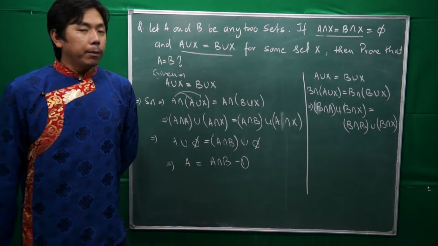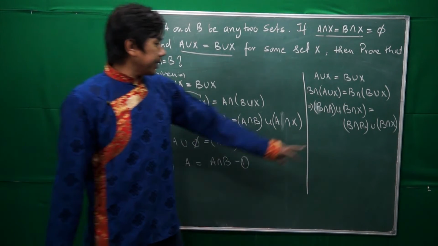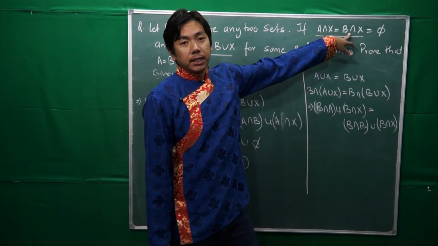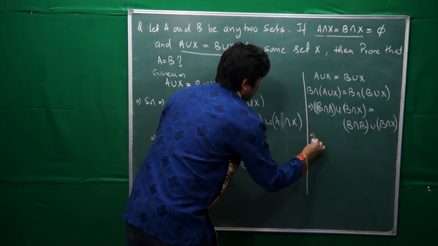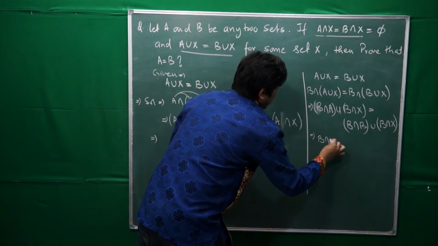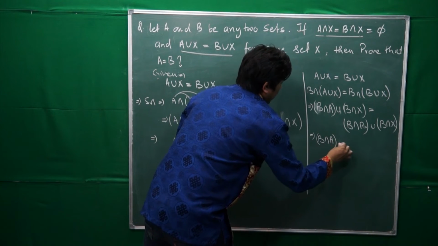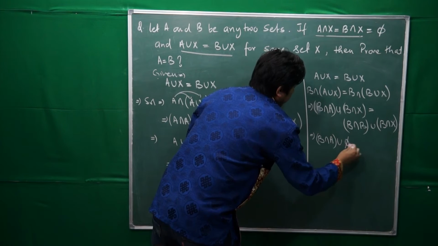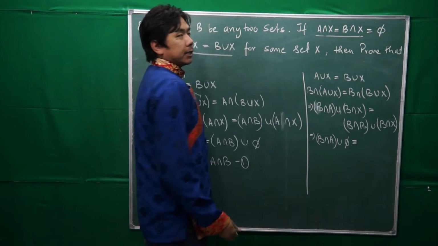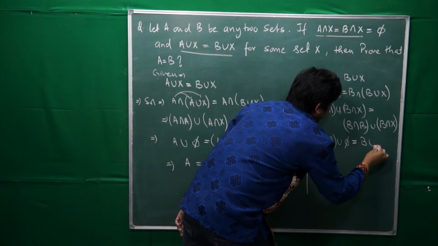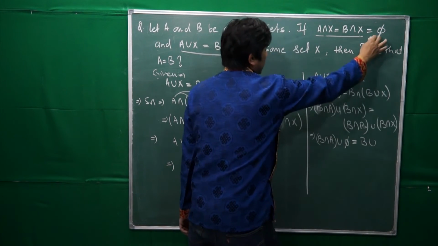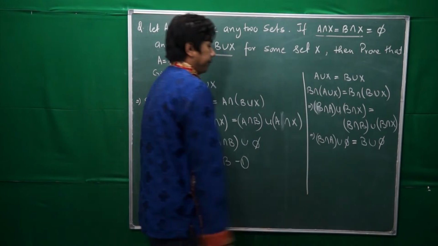Alright. From above, we all know the value of B intersection X. B intersection X is equal to the null set. Okay. So this would be equal to B intersection A union with the null set, equals, what is B intersection B? Idempotent law. It would be B union with B intersection X, which is the null set phi.